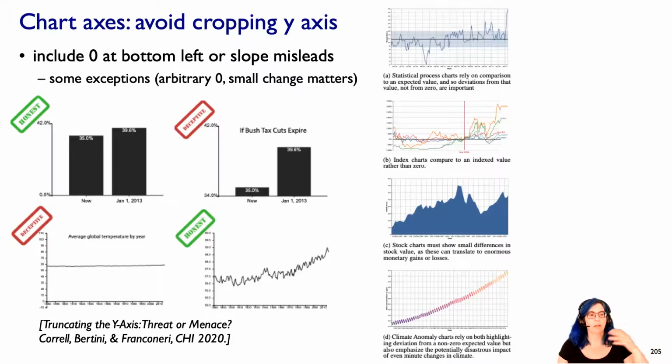For example, in this case of the global temperature, if you actually need to see these small changes because they matter, then you would not have a y-axis that goes all the way down to 0 because you'd be unable to see that change. So there are a lot of great examples in that paper that analyze this question of, what is your goal, and thus what is the meaning of misleading, given your goal and the characteristics of your data.